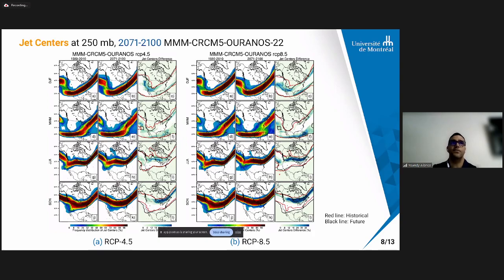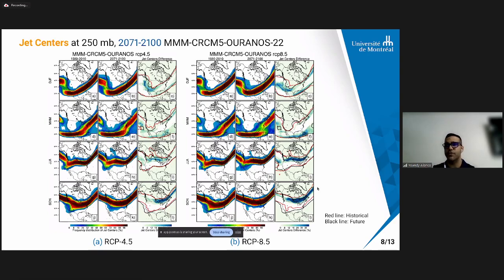We can see that during winter there is a little bit of a shift north, in the west coast of Canada, and during the summer and autumn months we have a shift northward in this scenario. When we move to the 8.5, it's more or less the same situation, except that during spring we have a more pronounced shift southward, and during summer and fall, this shift to the north is more pronounced, with an increase of more than 30% in this period of the future.